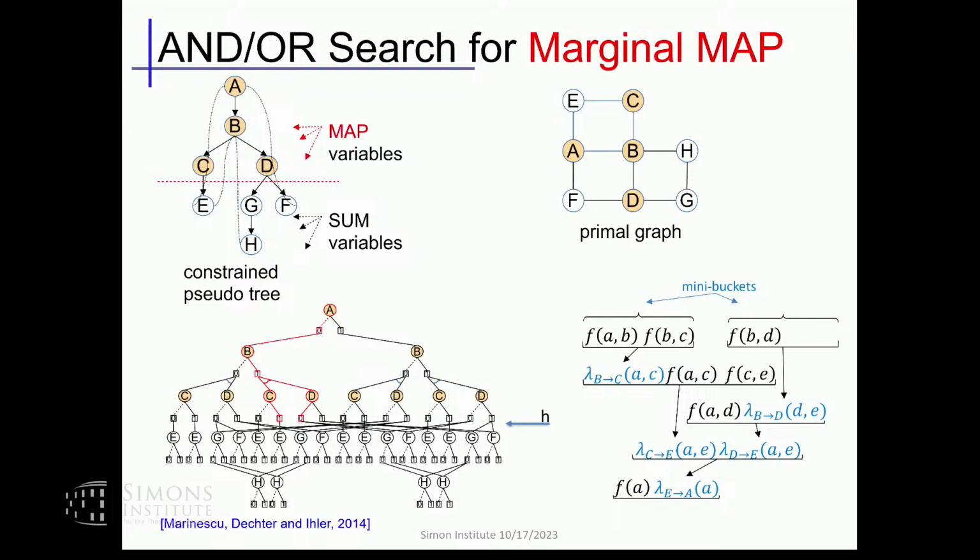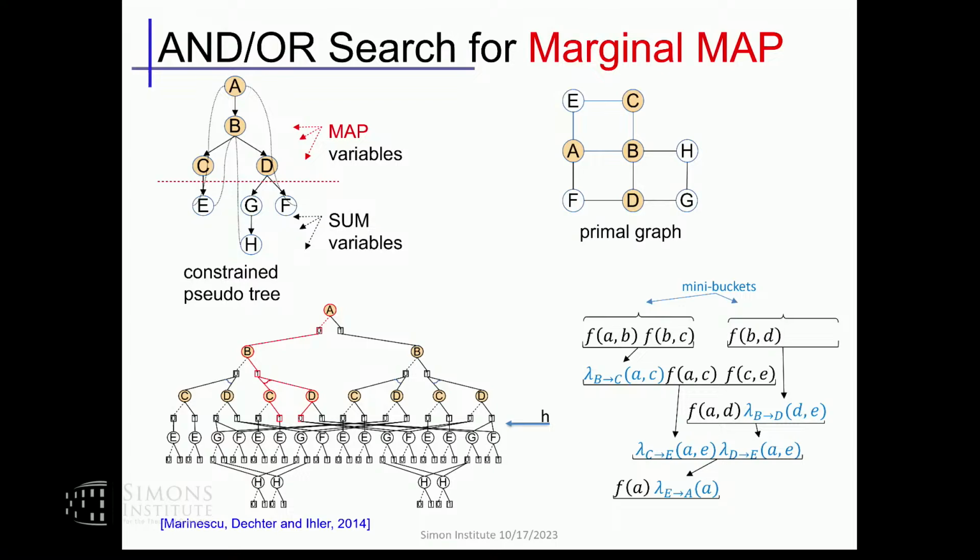And now this is the AND/OR graph. It will also have the maximization variables at the top and summation variables at the bottom, but this is again implicit. We are not generating this graph a priori. We are searching it, hoping to search only a small portion of it with the aid of the heuristics that will also be generated for this task.